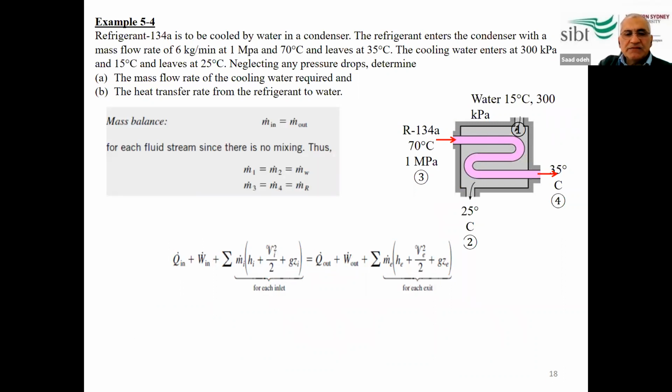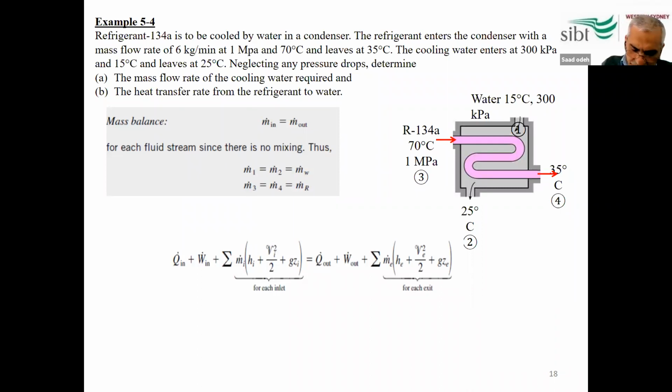So as we said, to apply mass balance, as we mentioned before, mass is conserved. So we have mass flow rate in must equal the mass flow rate out, no matter how many inputs and how many outlets, but the total input mass must equal the total exit mass.